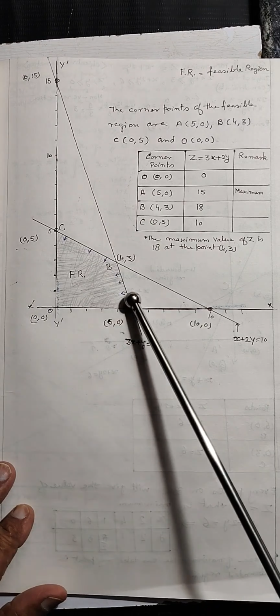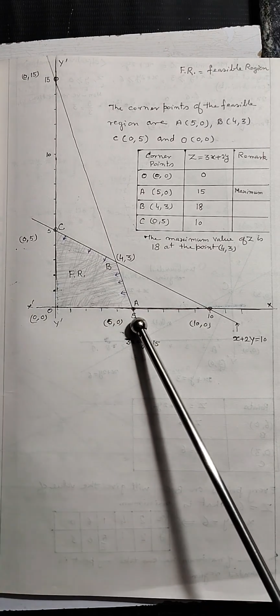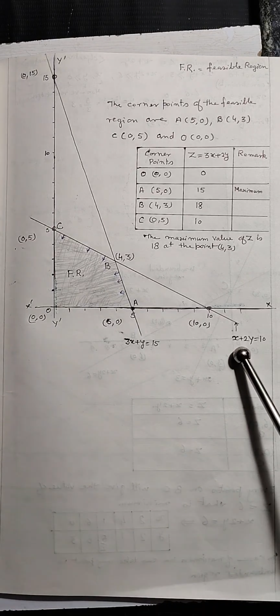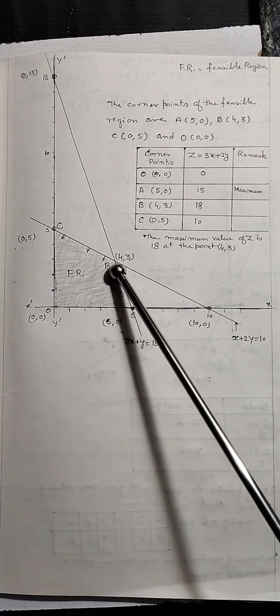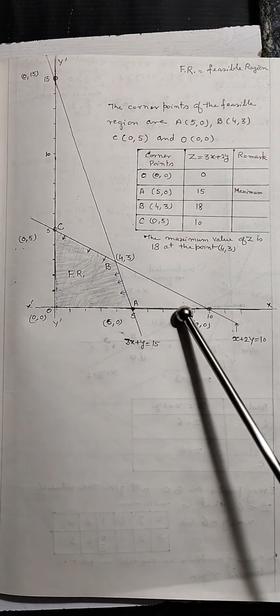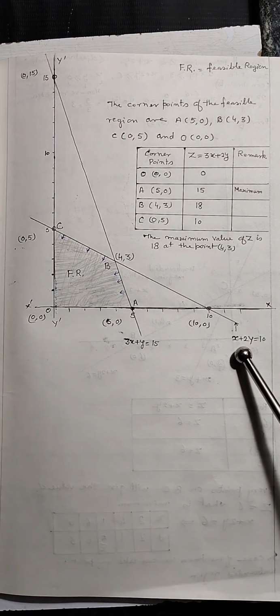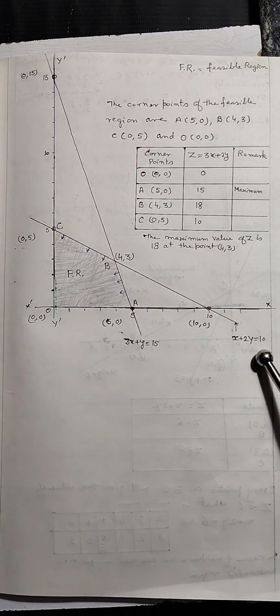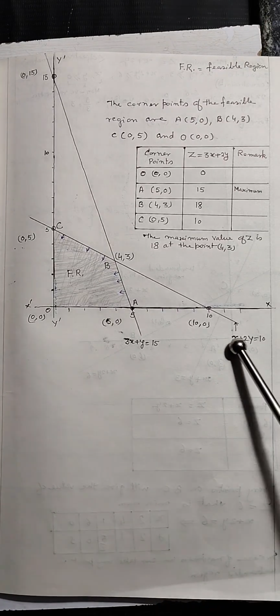Now we just plot the graph, and as we know that x plus 2y is less than 10, the arrow mark indicates the region which fulfills the given inequation, that is x plus 2y is less than or equal to 10.